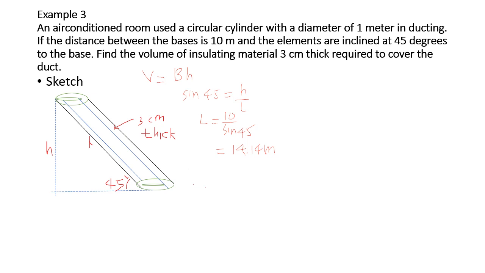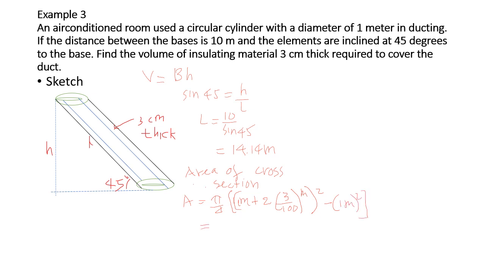So the cross-section area is equivalent to pi over 4 times the outside diameter, which is 1 meter plus 2 times 3 over 100, so this is meter square, squared, minus 1 meter square.